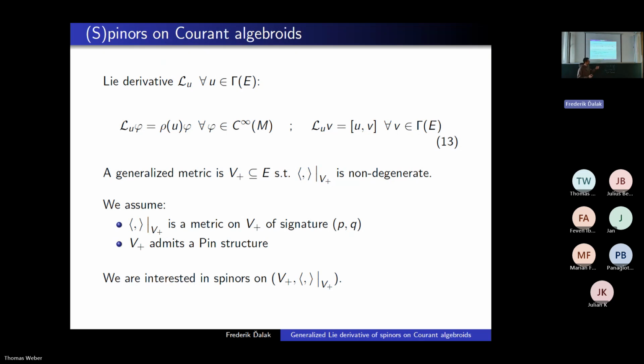Tautologically there is going to be some kind of (p,q) there. And the only thing we really require is for V plus, a vector bundle with this metric given as the restriction of the pairing, to admit the pin structure, right? So that the pin bundle over our manifold for this metric vector bundle given as V plus can be constructed, because we will be interested in spinor fields on this V plus for this metric structure, because these turn out to play an important role in generalized geometry.